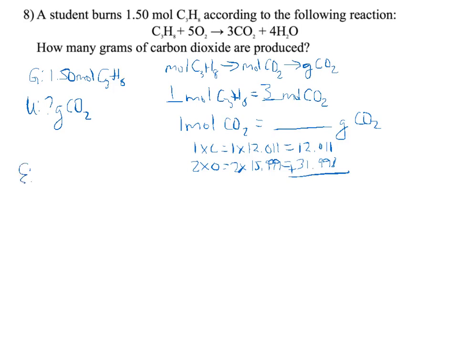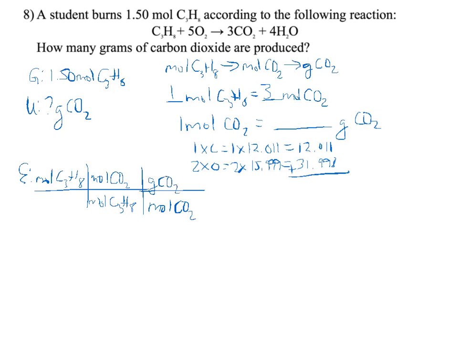So doing our equation, we're starting with moles of C3H8. And we have to get out of moles of C3H8 and into moles of carbon dioxide first, before we can get out of the moles of carbon dioxide and into the grams of CO2.